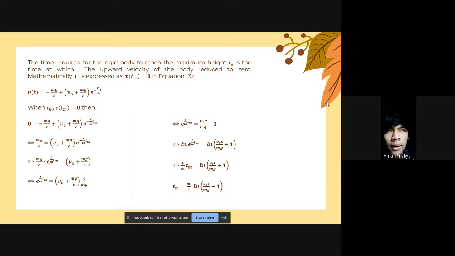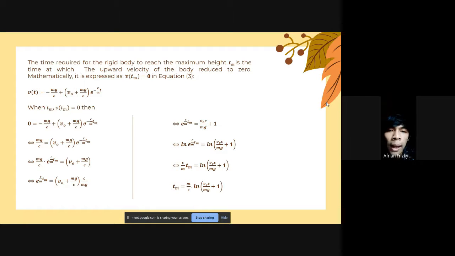Then we add mg over c to both sides, and the equation becomes mg over c equals (V0 plus mg over c) times exponential of minus c over m tm.